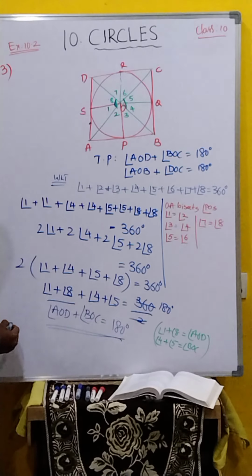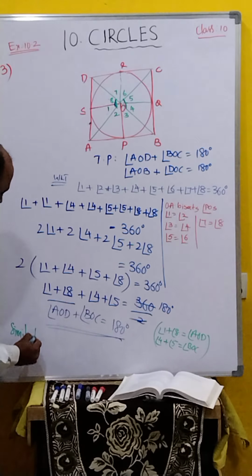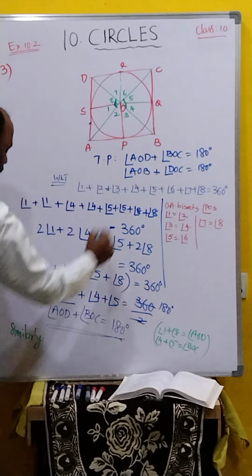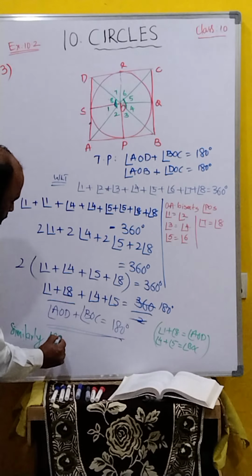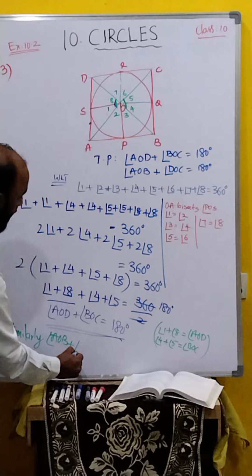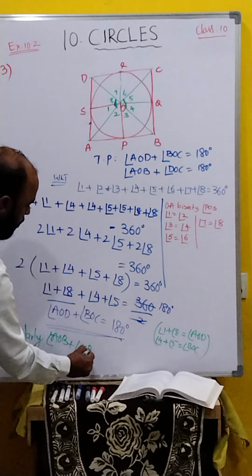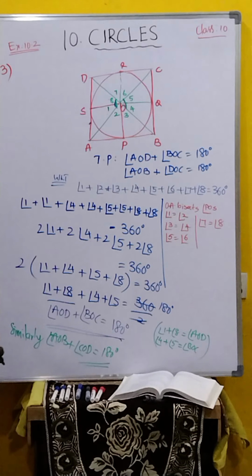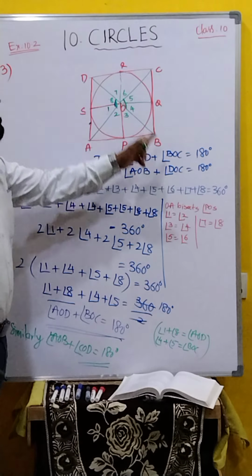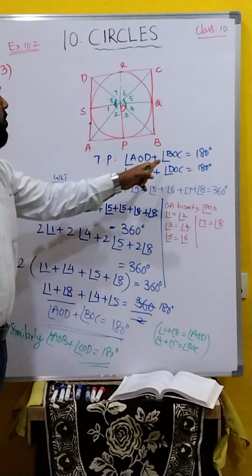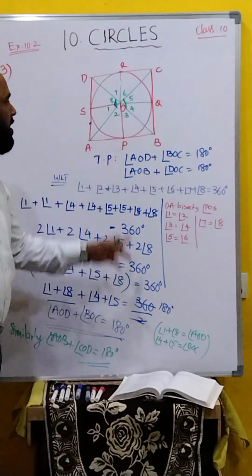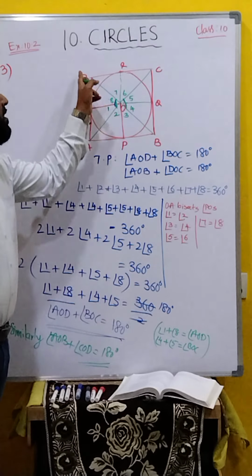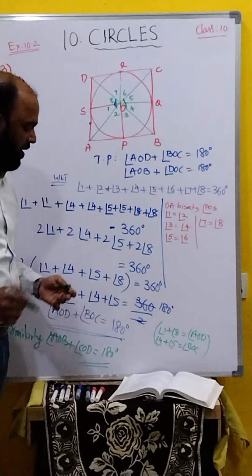Therefore similarly angle AOB plus angle COD or DOC is equal to 180 degrees. Clear children? Sum of opposite angles is equal to 180. AOD plus BOC is 180 and then similarly AOB plus DOC is equal to 180. Clear?